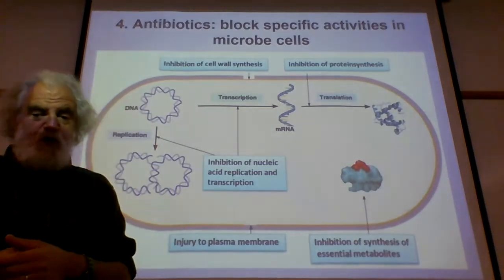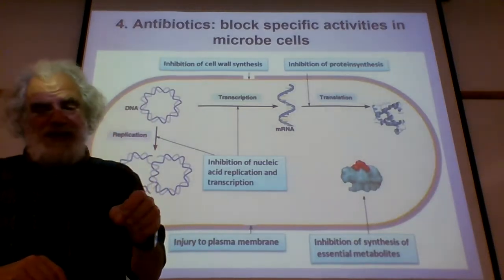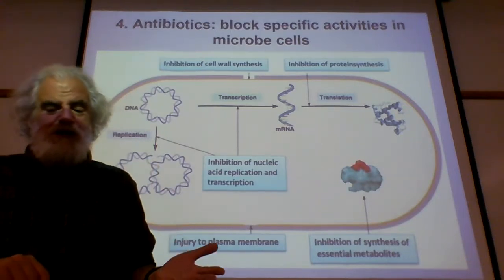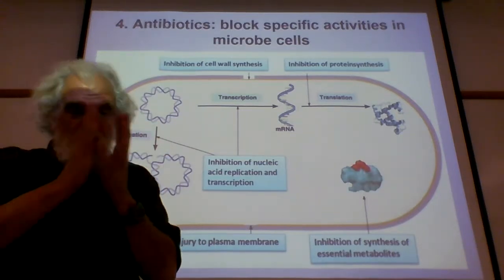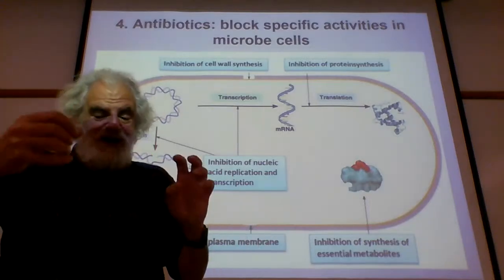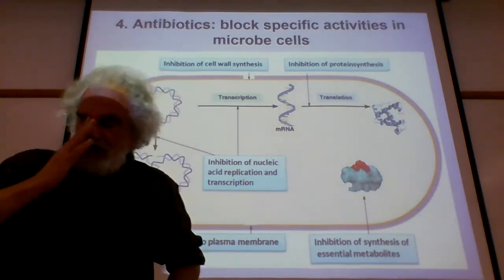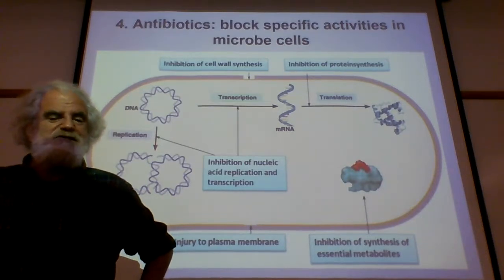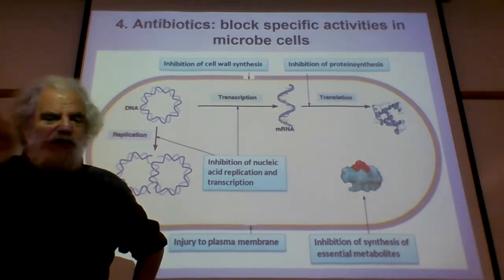Another mechanism would be to interfere with DNA replication. Inhibiting replication is a great way to halt bacterial growth. If they can't divide, they can't spread. So we've got a whole range of different classes of antibiotics, and they do different things.